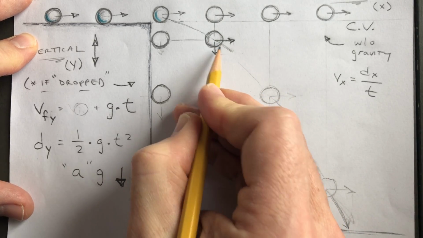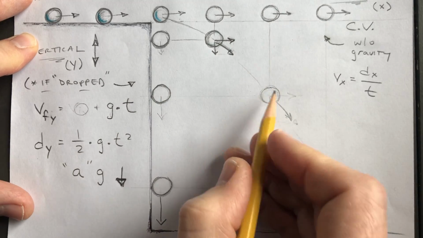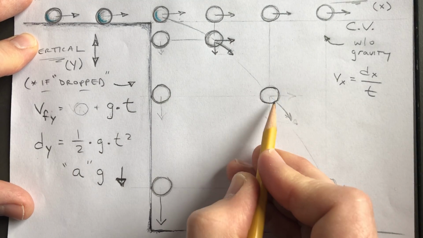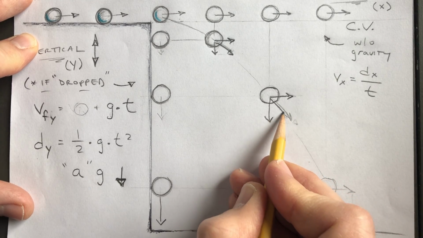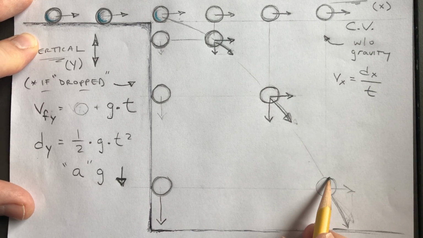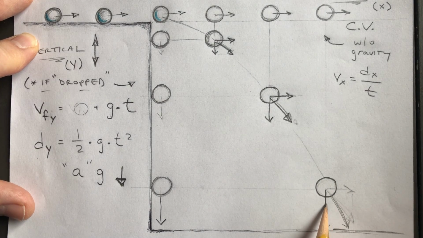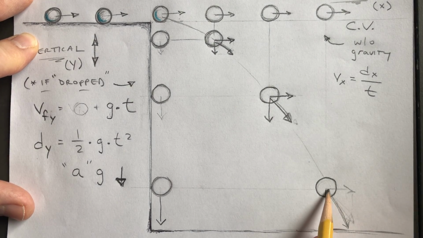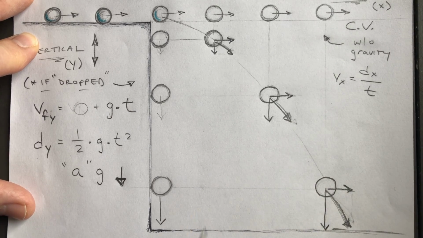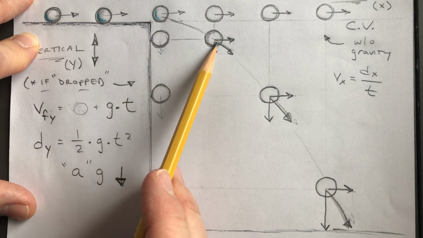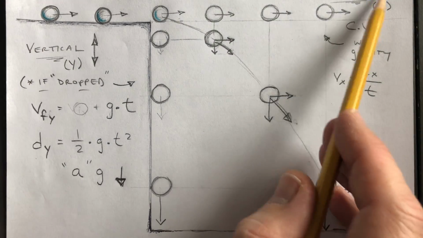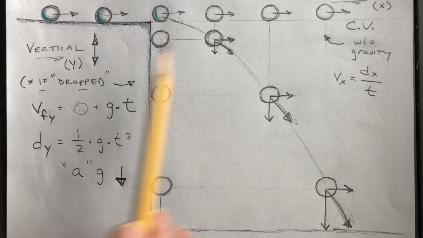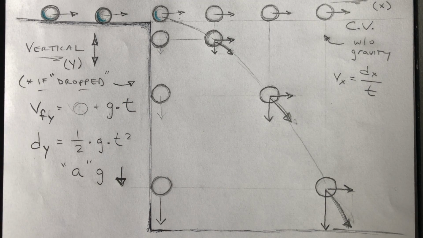That's where each component, both the x and y components, come together to give the object both its speed and direction of motion. So this is actually the path that the projectile would take. It's a combination of both the horizontal and vertical components of motion.